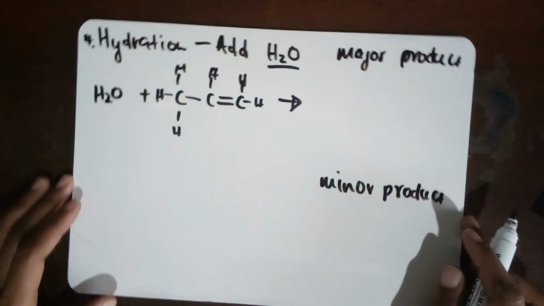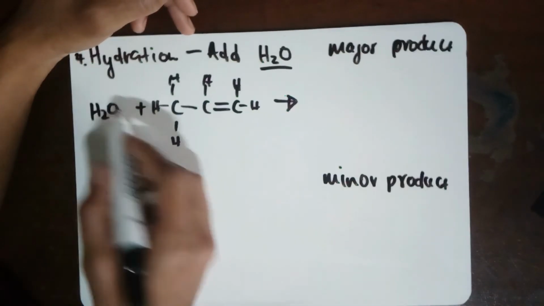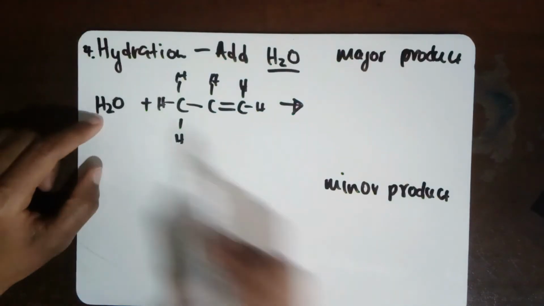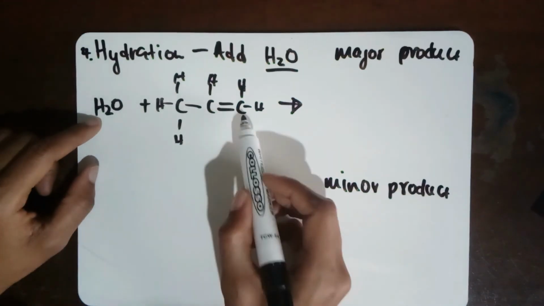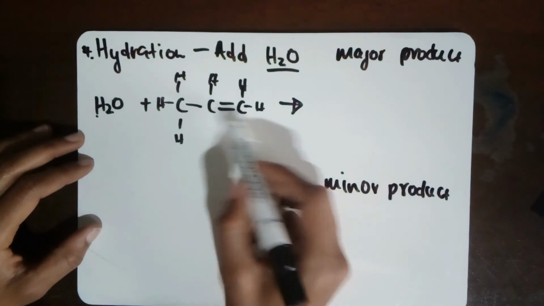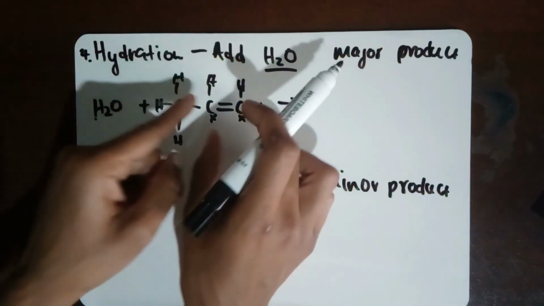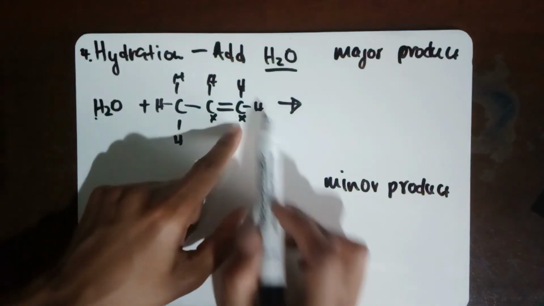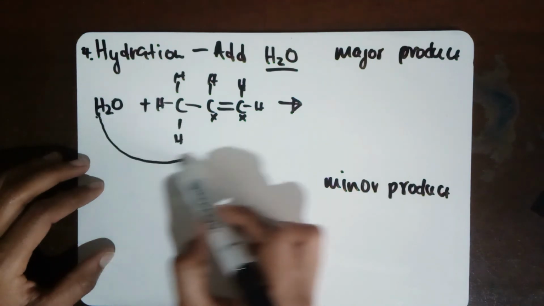So here you have H2O, so it's H and OH. The hydrogen will go to the carbon with the greater number of hydrogen atoms. So hydrogen will come here, because if you compare these two carbon atoms that have a double bond between them, the one that has a greater number of hydrogen atoms is this one, meaning the hydrogen will go there.